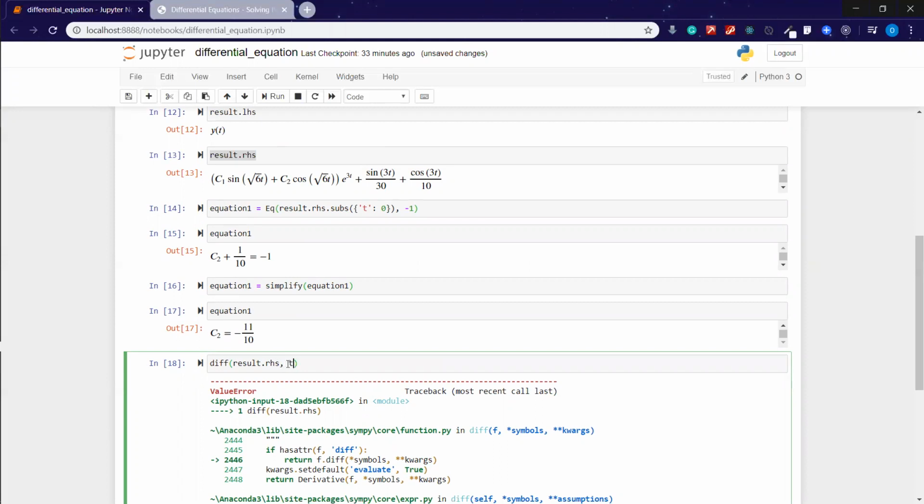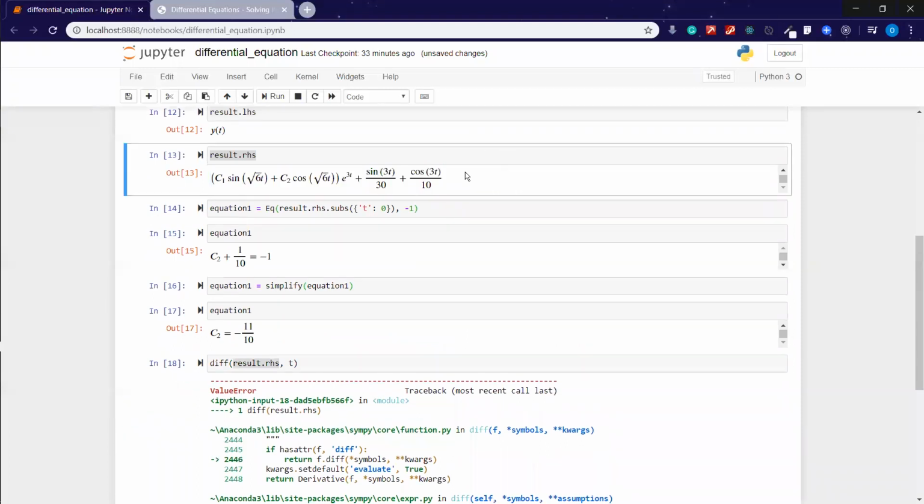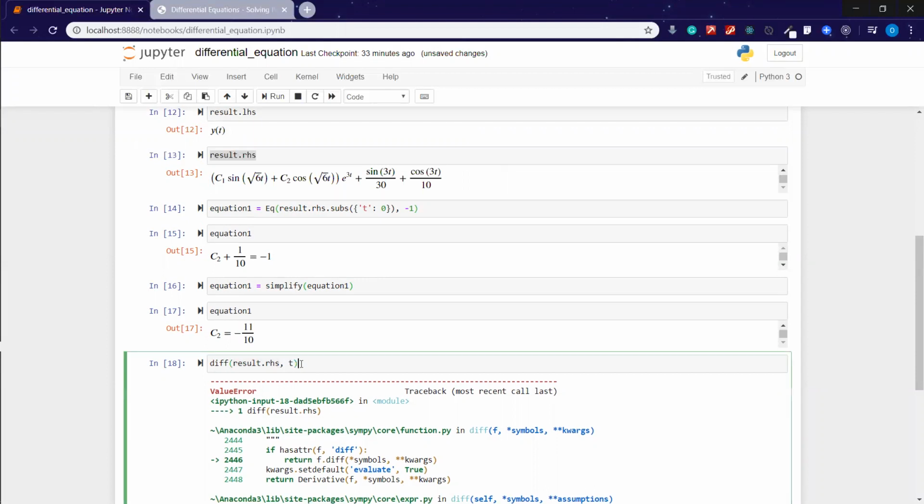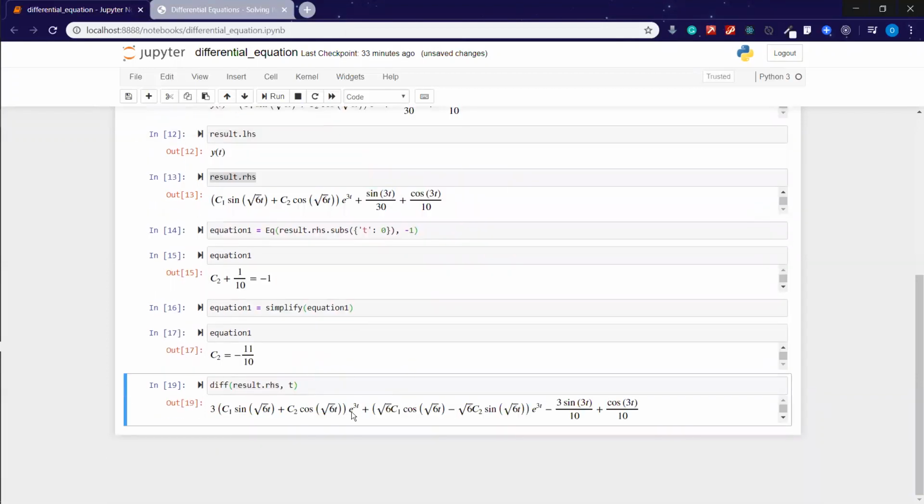So I'm differentiating with respect to t. Don't forget, this is what we are trying to differentiate, which is everything here. And we're trying to differentiate it with respect to t, hence the second argument here. So if I run this, you see it gives us the derivative of the whole function.